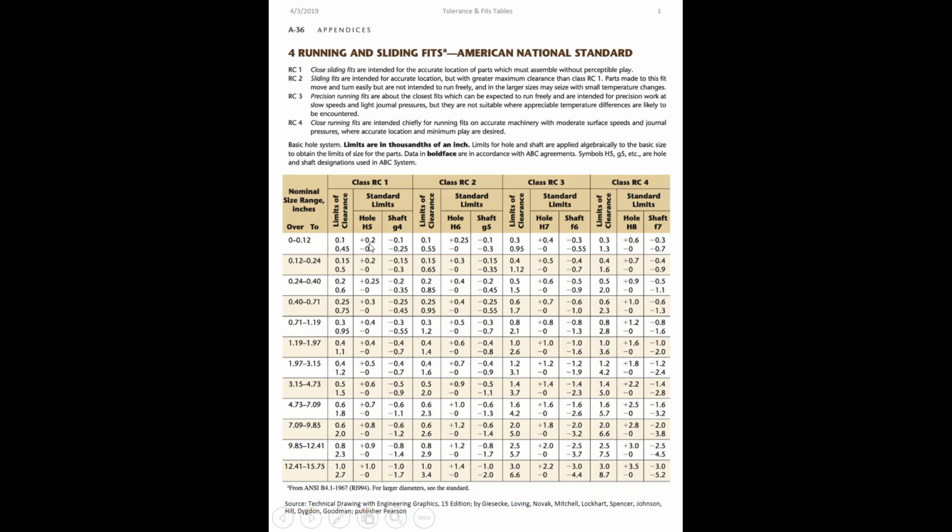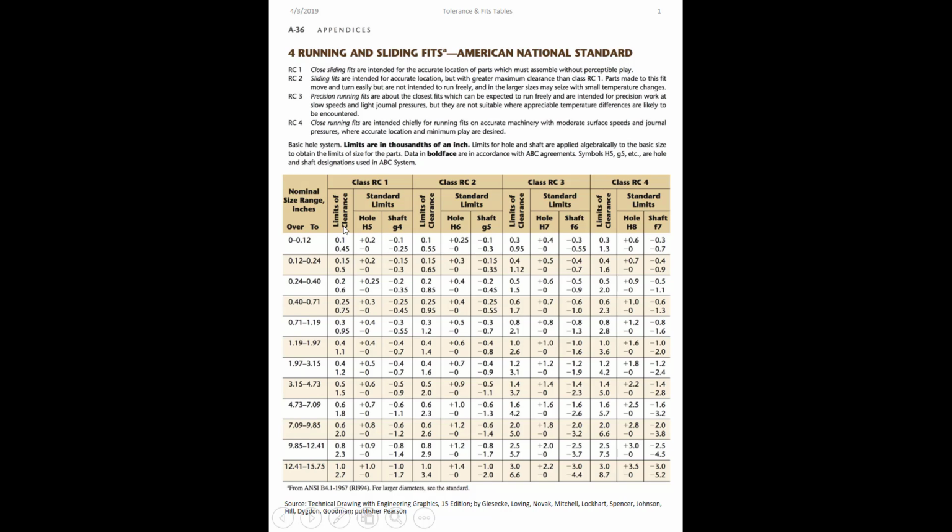In other words, this number is 0 thousandths of an inch and 2/10, and the same for this number, which is 0 thousandths of an inch and 3/10, which is 0.0003. This is the tolerance.